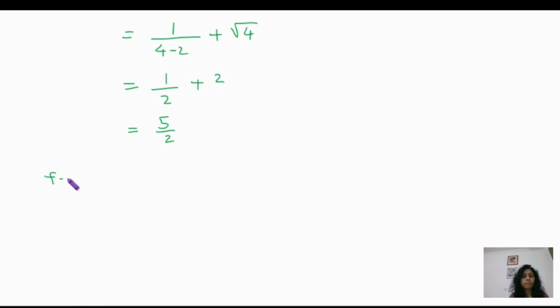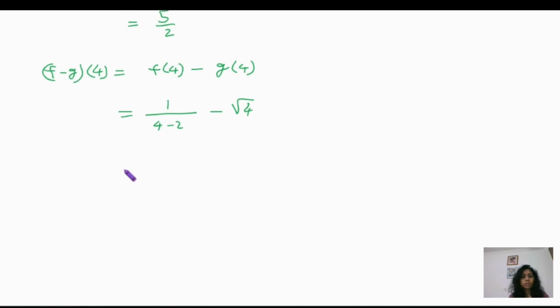Now the second one, (f minus g)(4). So f(4) minus g(4), and this is 1 upon 4 minus 2 minus square root 4. So what is this? 1 upon 2 minus 2. Here 4 upon 2, so 1 minus 4, minus 3 upon 2.